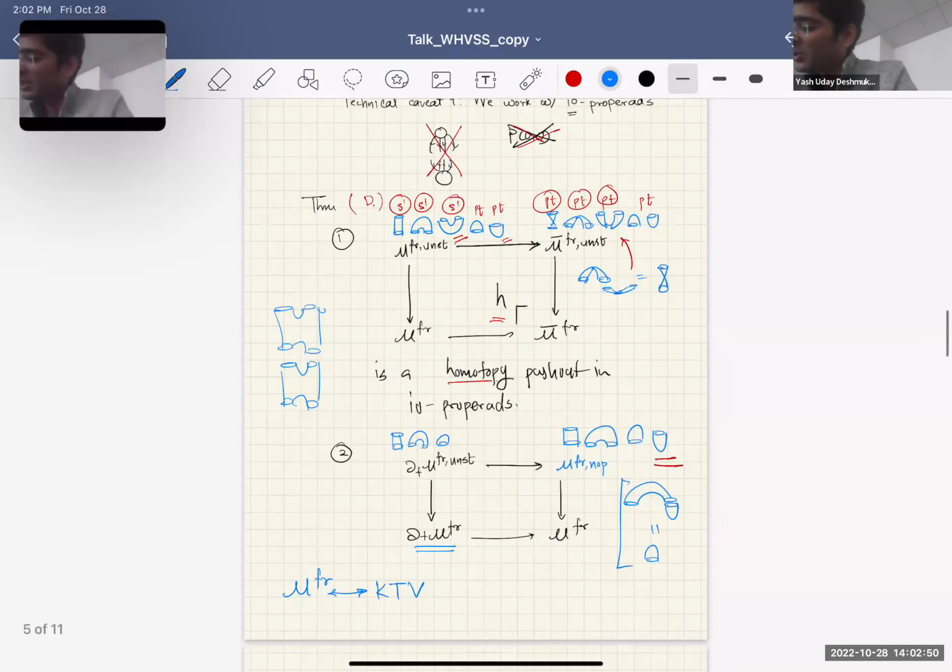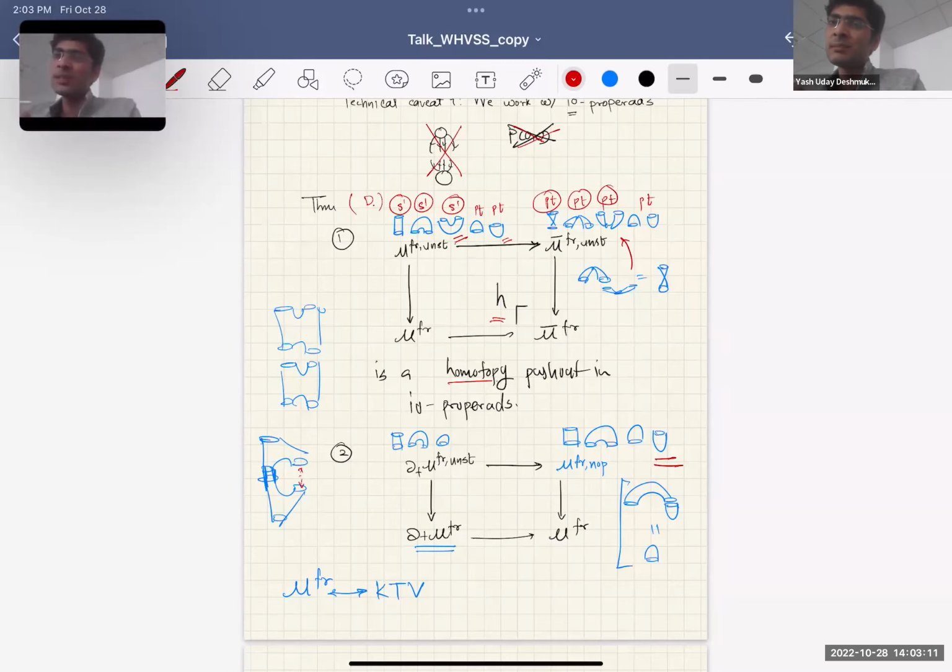You can't do it like you first glue the first one and then glue the rest of the boundaries, because that would be somehow gluing across a cycle. So properad doesn't allow you to glue inputs and outputs of the same thing with each other.